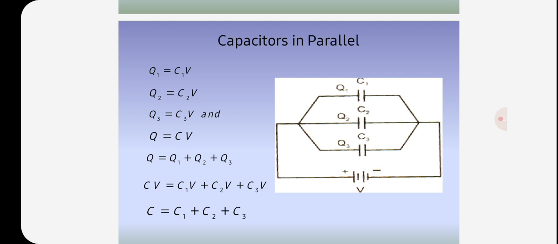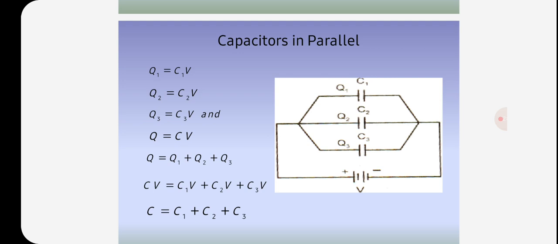But Q by V is the total capacitance C equivalent of the parallel combination. C equivalent is equal to C1 plus C2 plus C3. Thus, when a number of capacitors are connected in parallel, the equivalent capacitance is equal to the algebraic sum of the individual capacitances connected in parallel.